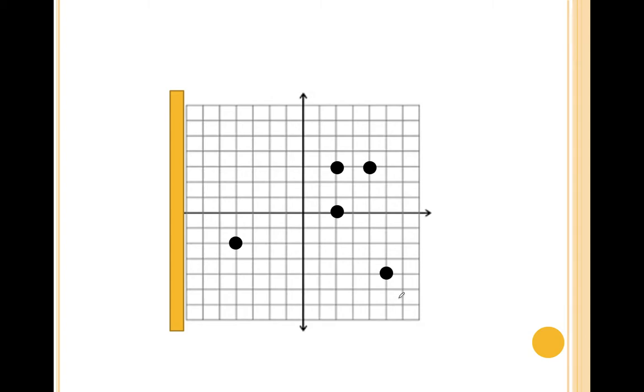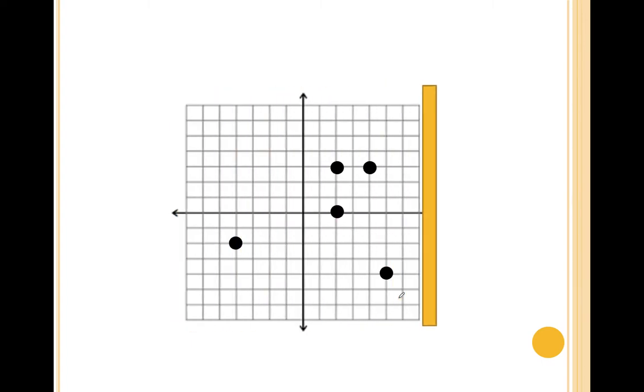So if you just think about where these points are on the graph, at any point do you see two points that share the same vertical line? And then we see right here, these two points are on the same vertical line. So what this means is this fails the vertical line test, so it is not a function.